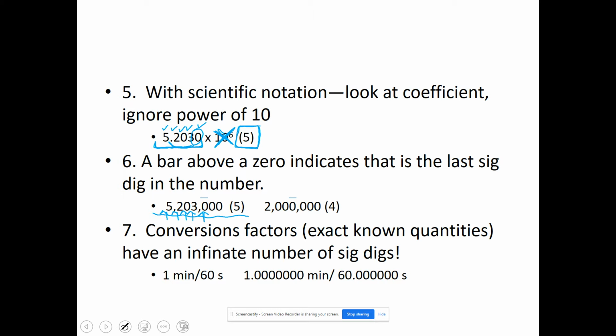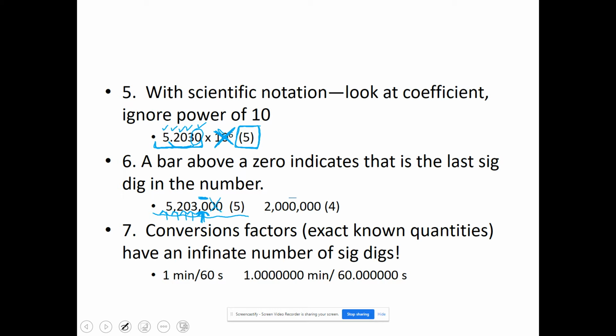If you were trying to round it to 5 sig digs, you can't just drop off the last 2 zeros because you changed the value of your number. So to show that this 0 right here in the hundredths spot is significant, you can put that bar above that last 0. So that tells you that that's a significant figure, and the rest don't count as significant.